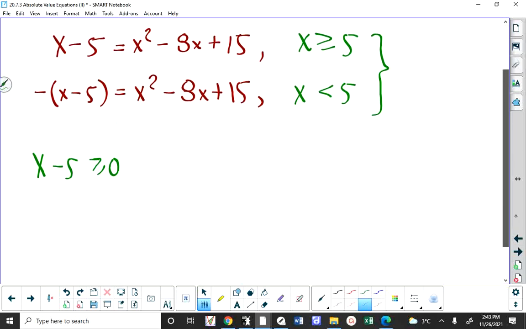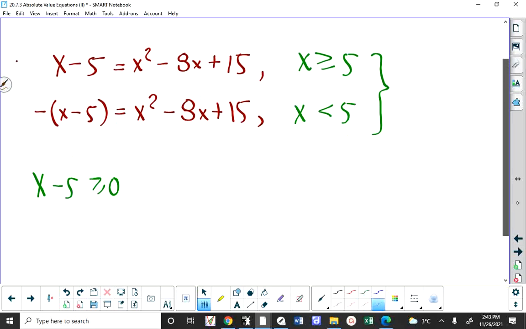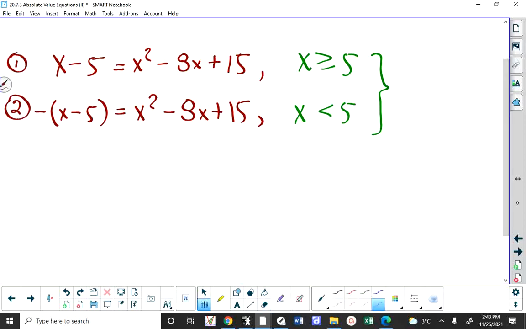Let's solve both of these equations. I didn't label them. I suppose we ought to. Equation 1 and equation 2. So equation 1 will be x squared minus 9x plus 20 equals 0.